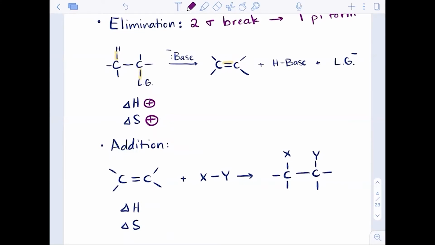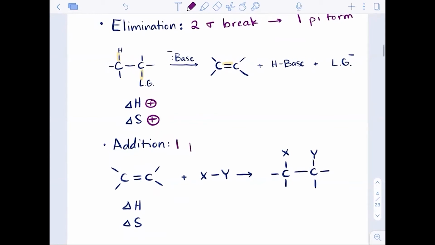They're exactly opposite. An addition reaction is going to be one pi bond breaks and two sigma bonds form. What we'll see is that that pi bond is going to break and add across that pi bond X and Y. We're going to see a variety of different X's and Y's here.